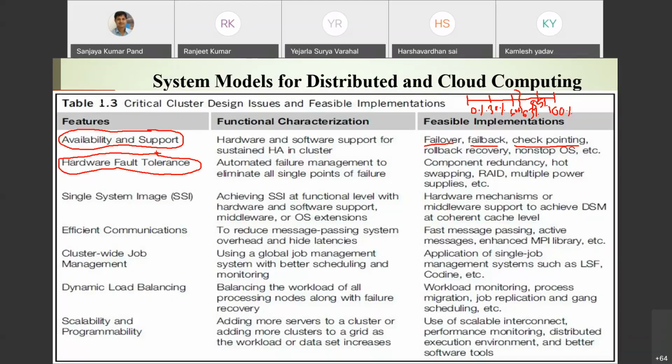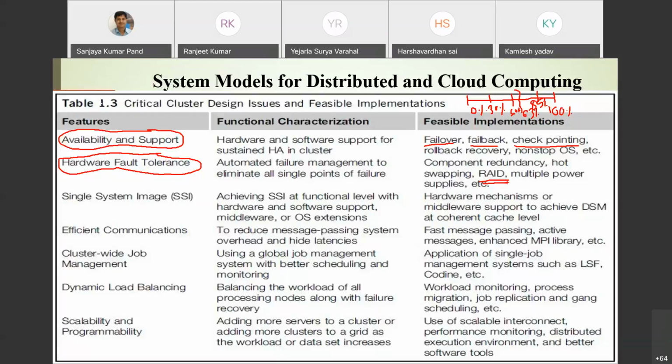A very popular technique is RAID, redundant array of independent disks, and a lot of development has been done with respect to RAID to eliminate this hardware fault. But even though feasible implementations or solutions are there, these are still the issues in a distributed or parallel system.